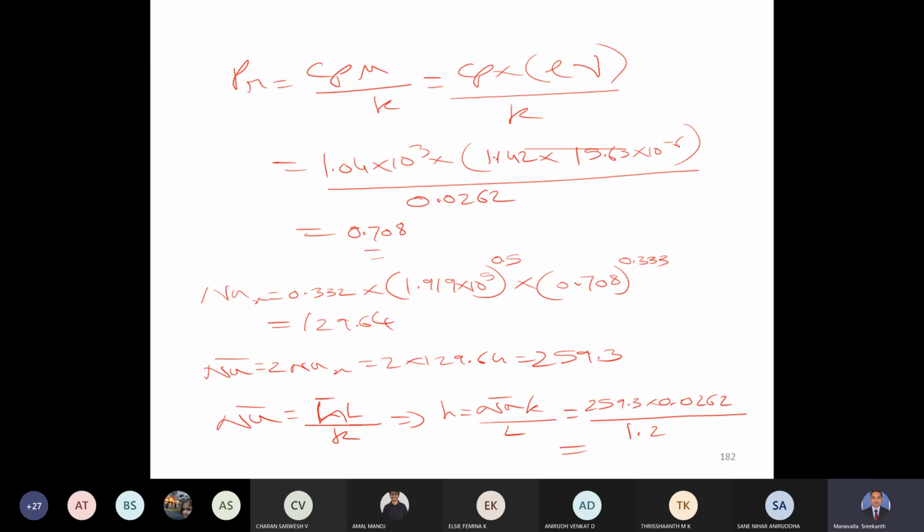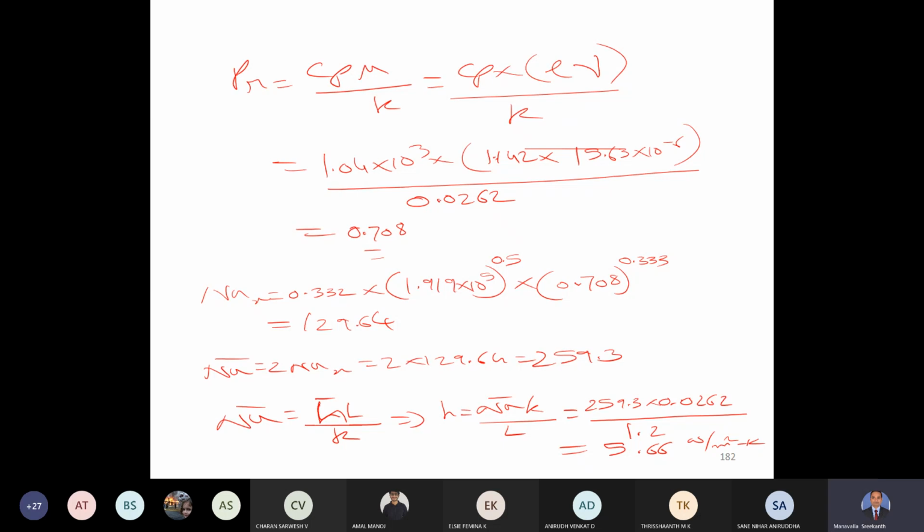So this will be 5.66 watt per meter square Kelvin. This is the average heat transfer coefficient.